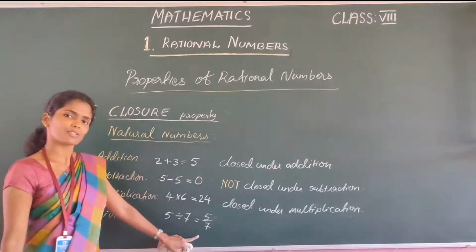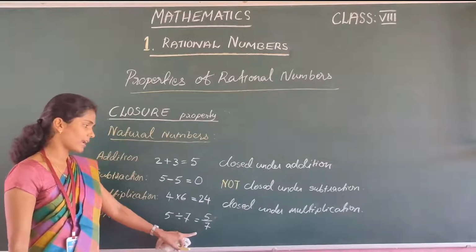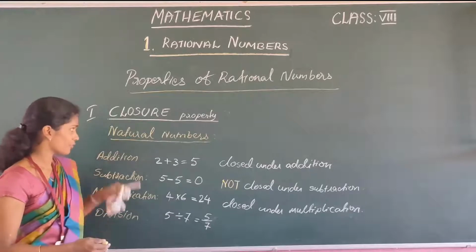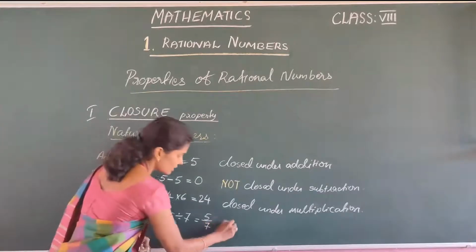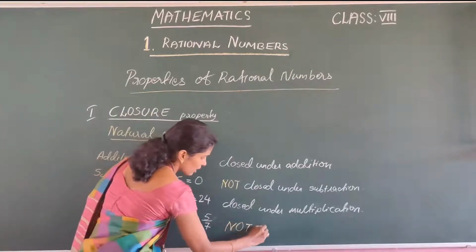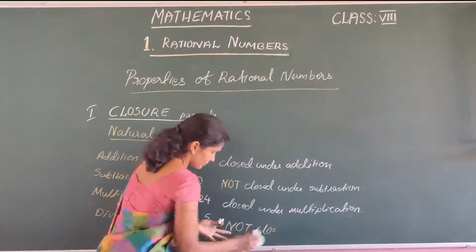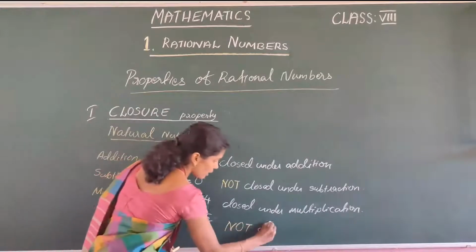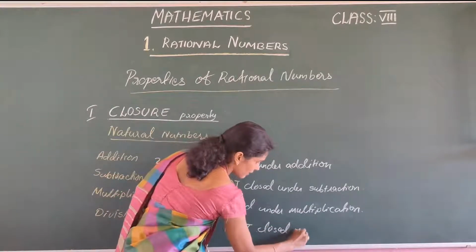This is not a natural number. Then what happened here? Division is not closed. Therefore, natural numbers are not closed under division.